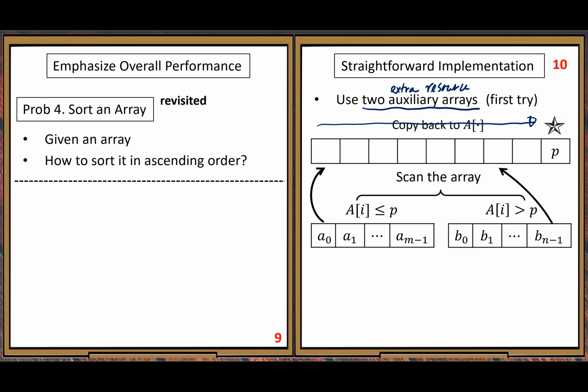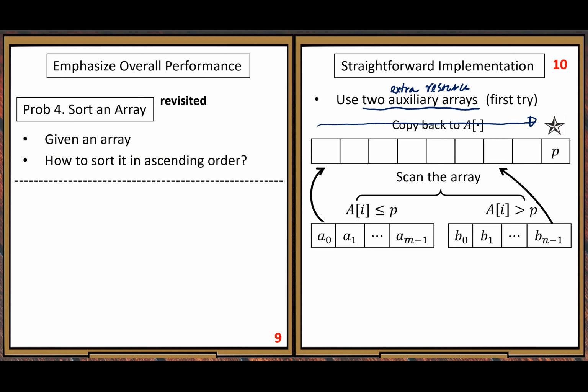But here, there is a problem. You use extra resource. Your method can be improved because the extra resource you use could slow down your overall algorithm. We want to avoid that. We want to eliminate the extra resource that we use in our first try.